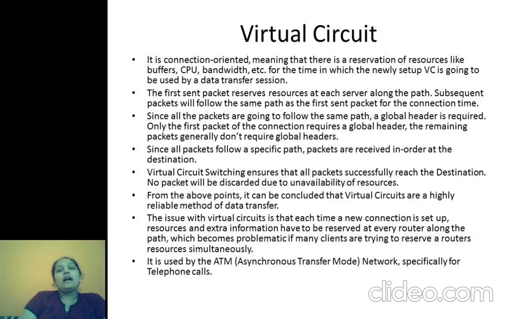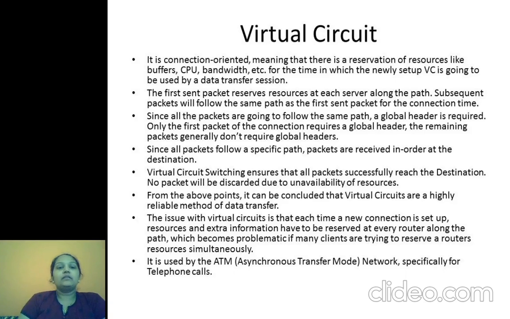Virtual circuits are more reliable because they maintain a proper connection circuitry, and with that data can be sent from one sender resource to another resource. So because of that it is a reliable method for data transfer.